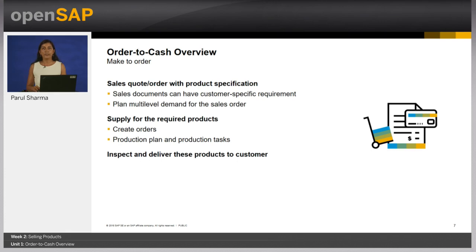Make to stock scenario enables you to create sales quotes or sales orders with a product specification that includes customer specific requirements. You can then plan multi-level demands for a sales order item and create supply for the required products. For a procure to pay scenario, you can order and receive materials on the requirements of the customer.